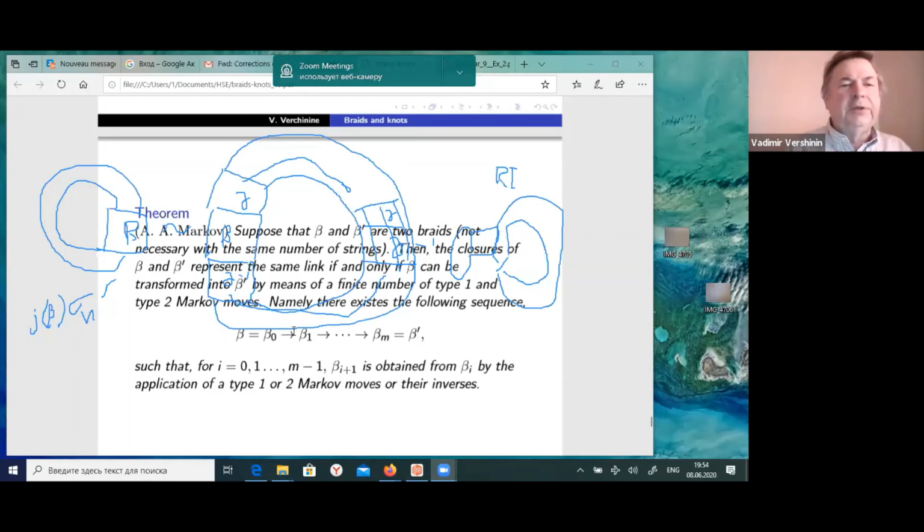So you mean that beta is equivalent to beta sigma_n. The inverse is that a braid with n+1 strands is equivalent to a braid with n strands.